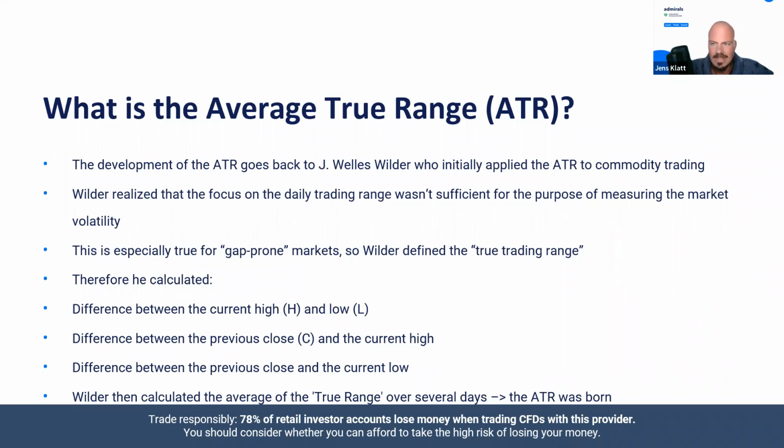And so especially with gap-prone markets, we have to find a so-called true trading range, because he found out that markets that are gap prone are likelier to move strongly in one direction or the other.